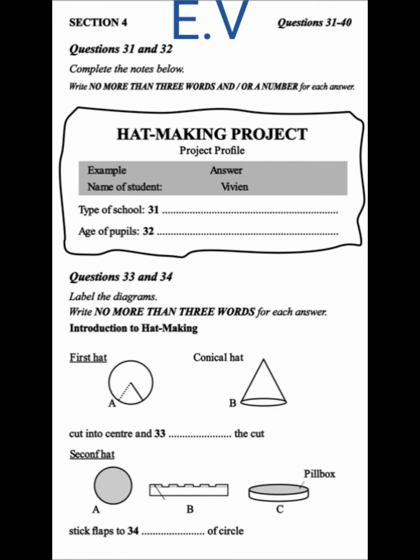Again, I've prepared this so that I don't get glue everywhere. The pupils do, of course, so you need plenty of covers for the table. And there you have a pillbox hat, as in pill and box. Now, variations and combinations of these 2 hat shapes form the basis of the pupils' final designs.